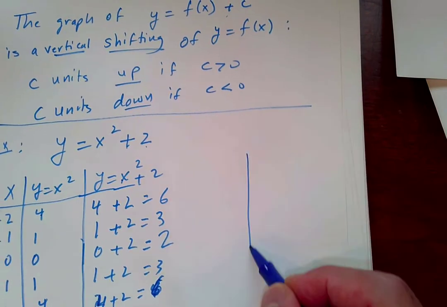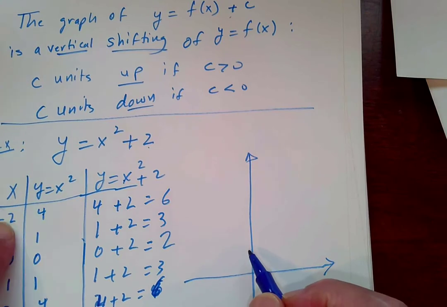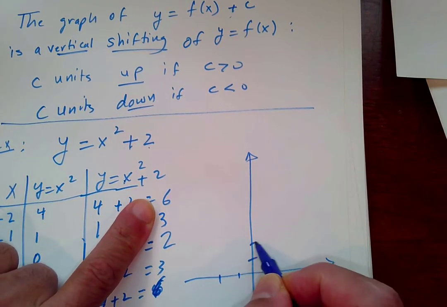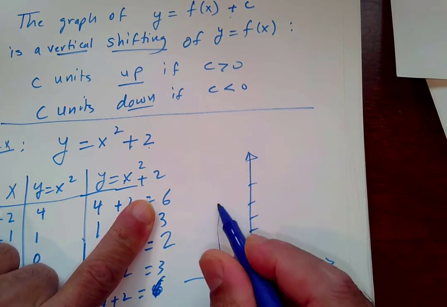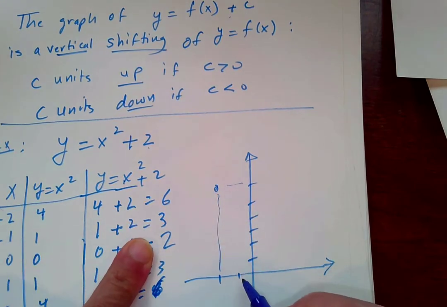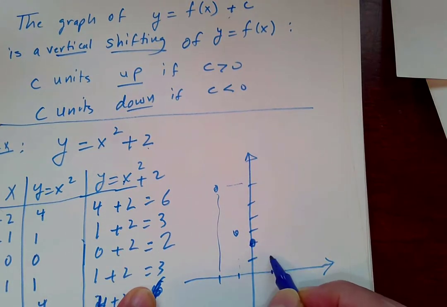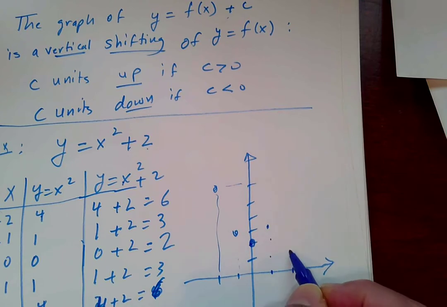So you can see the graph is going to shift 2 units up. So -2, 6; -1, 3; 0, 2; and then 1, 3; and then 2, 6.